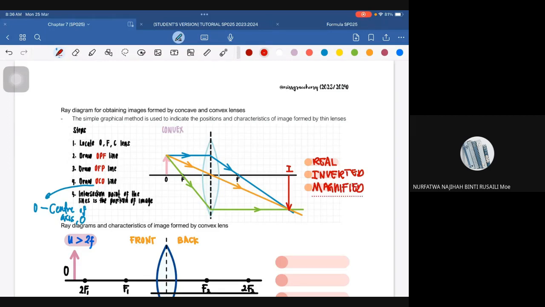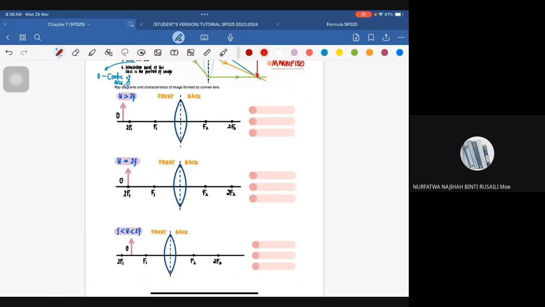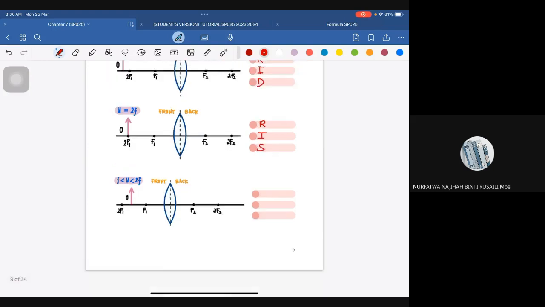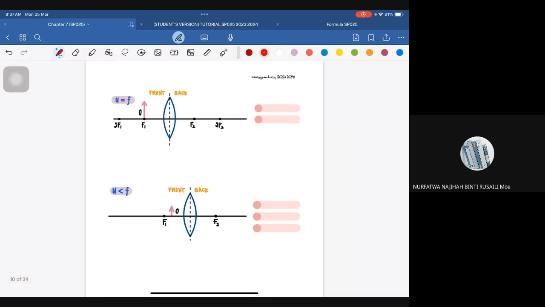Okay, as usual, this one you solve. I'm just going to write the front part of the characteristics. So this one is RID, RIS, RIM, I think. Yeah, this one is RIM. And then you have the last two.